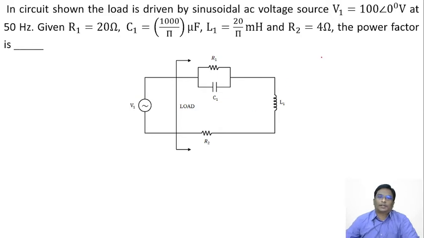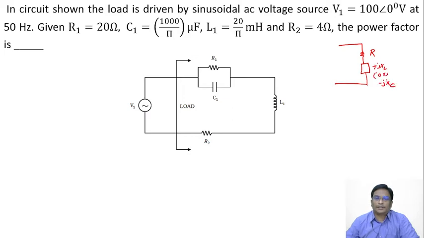Here also, we just require simplification. If the network looks like some RC or RL network, with R and a capacitor or inductor in series, then the total impedance Z is R plus jXL or R minus jXC.